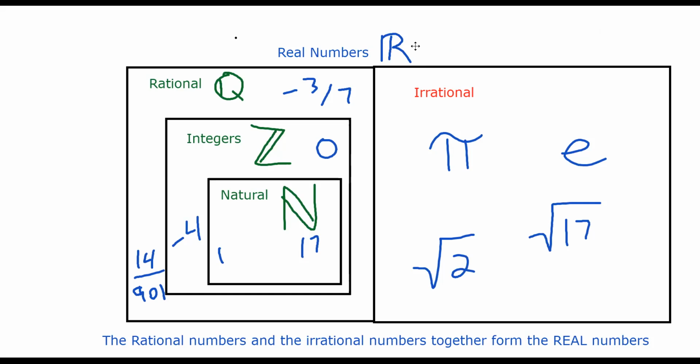This is a great diagram to memorize. This is a great diagram to know, because this is a breakdown of all the different kinds of numbers that exist out there. You will be revisiting this idea, especially if you take future math classes beyond the 2-semester course we're squeezing into 1 semester.